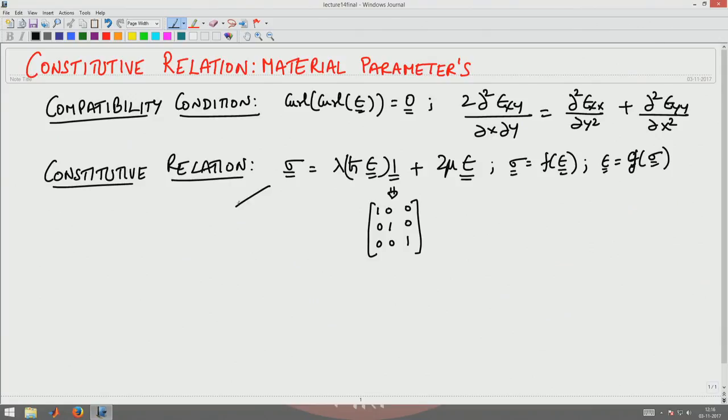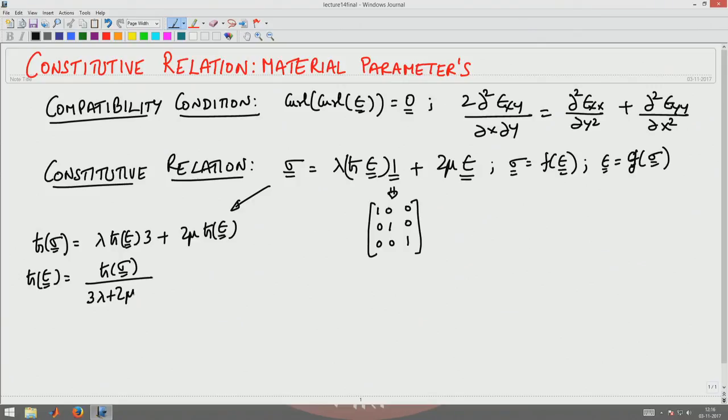From here I find that trace of sigma is given by lambda trace epsilon, where the scalar comes out of the trace expression, trace of identity tensor is 1 plus 1 plus 1 which is 3, plus 2 mu trace epsilon. So I get a relationship which says that trace of epsilon is trace of sigma by 3 lambda plus 2 mu.